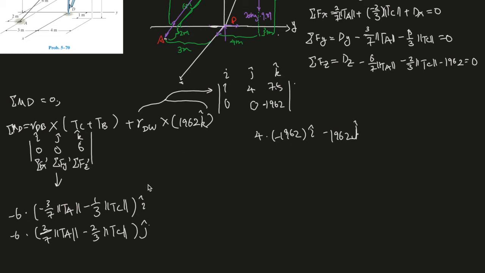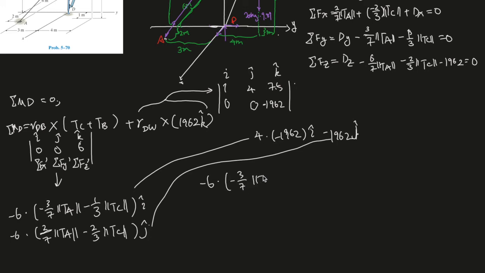Which is super nice because these two combine each other perfectly. So now here we go. We have 0. We add these things together, right? So negative 6 times negative 3 over 7 TA minus 1 over 3 TC minus 4 times 1962, right?